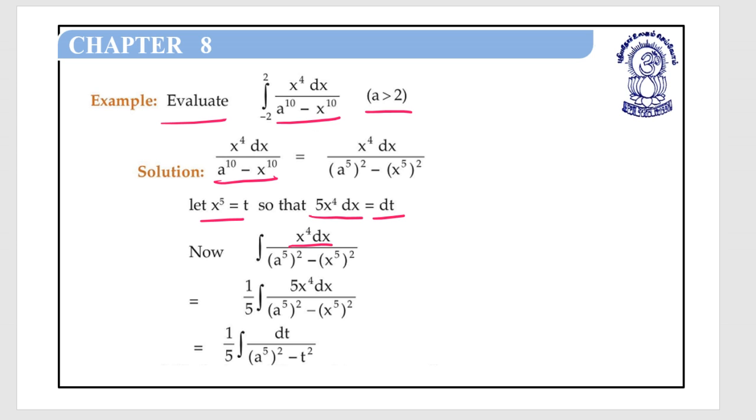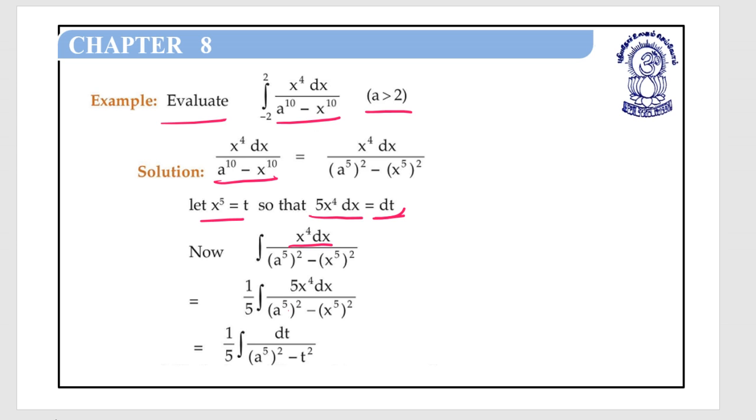So x raised to 4 dx is equal to dt by 5. Now x raised to 4 dx upon a raised to 5 square minus x raised to 5 whole square is 1 upon 5 times 5x raised to 4 dx upon a raised to 5 square minus x raised to 5 square.